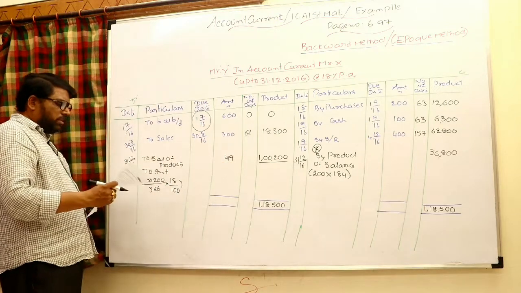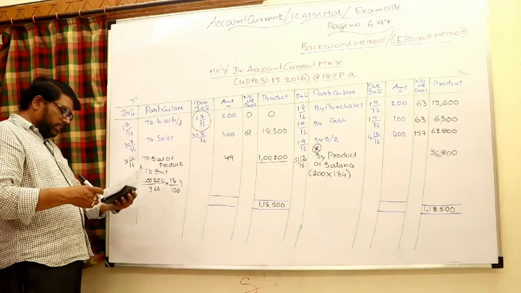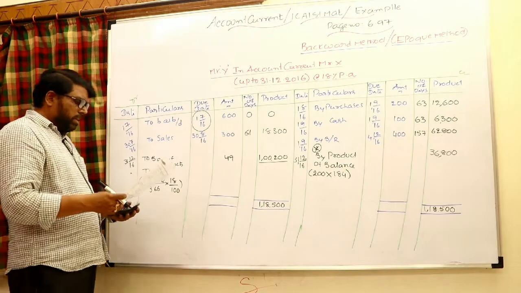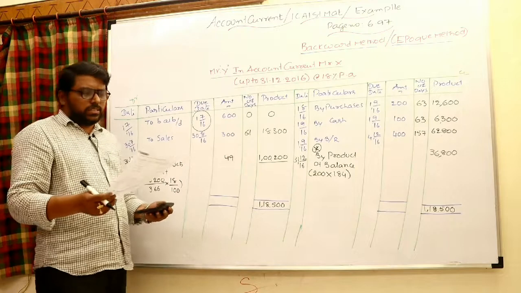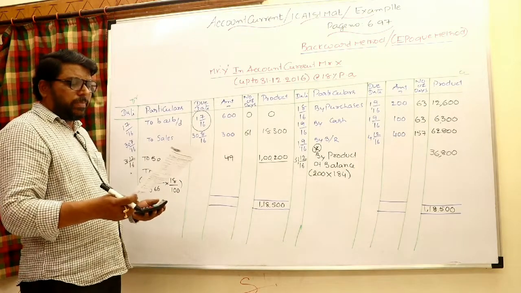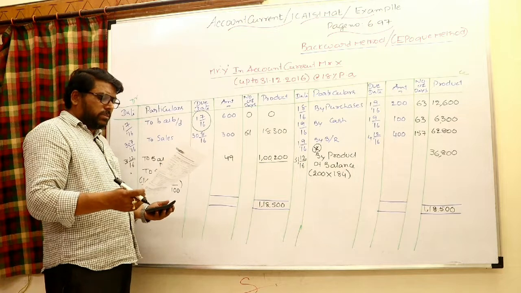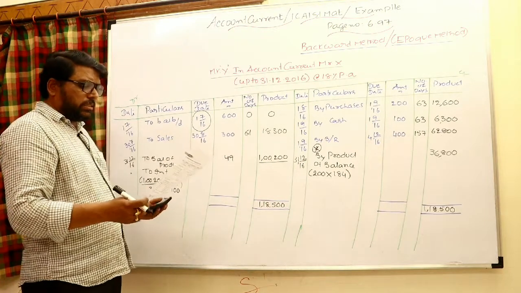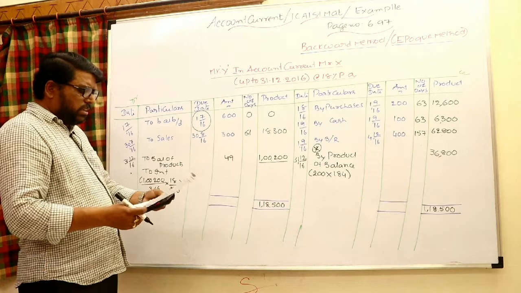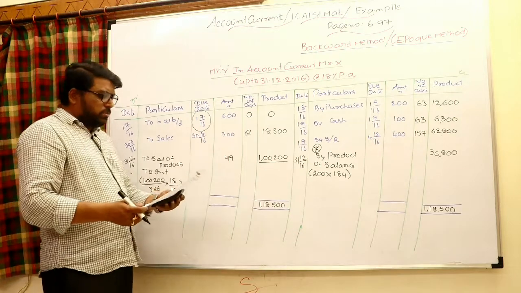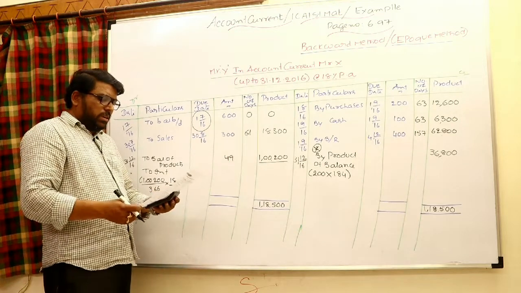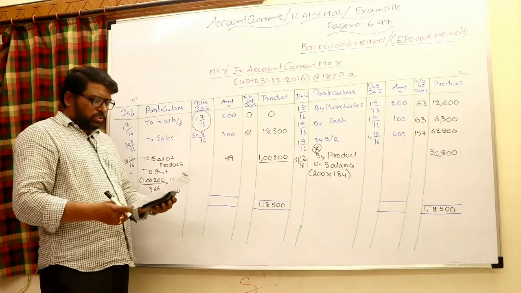Okay, you may write the denominator as 365 days or 366 days, no problem. Because it is a leap year, you may take 366 days. 2016 is a leap year, so you may consider 366 days. But here actually there is no date, we started only on July 1st and it ended on December 31st 2016.